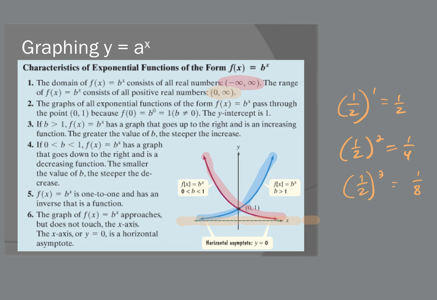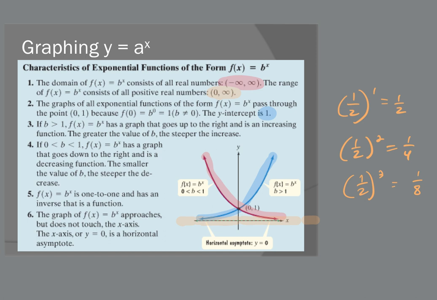This is going to start to move up and down, and that will change, but on my parent function, it's at 0. The y-intercept is at 1 for my parent function because no matter what my base is, if you raise any base to a power of 0, my answer is 1. And we just said that if the base is a whole number bigger than 1, it is increasing as it moves to the right, and if it's a fraction, then it is decreasing as it moves to the right. That's 3 and 4.